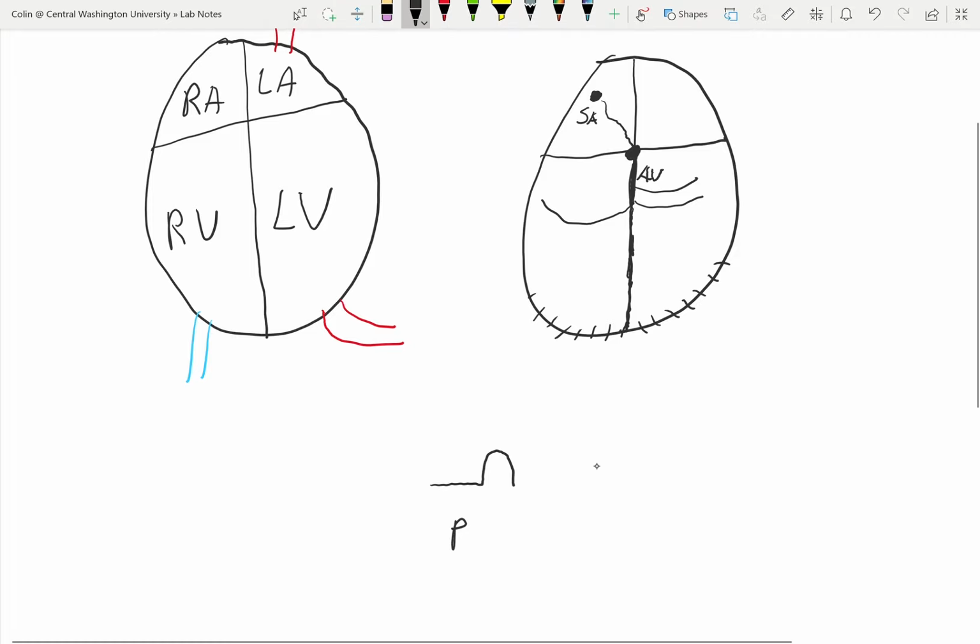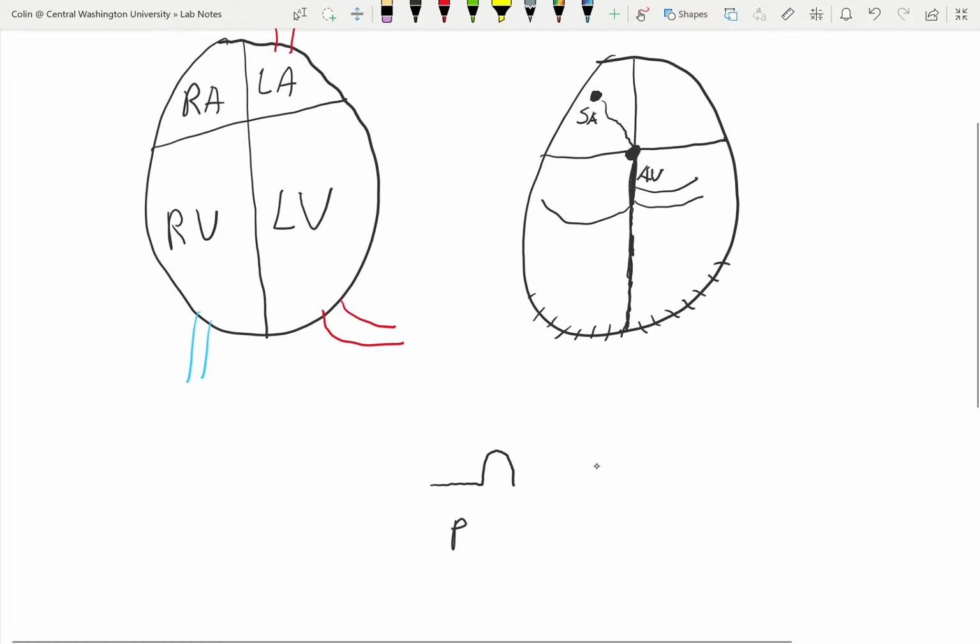And so in the P wave, the bump right here represents electrical activity. It represents the atria squeezing, right? This portion right here, where it's just flat, is because there's no electrical activity. Okay, so anytime we see bumps or triangles, that's electrical activity. Anytime there's a flat line, that's no electrical activity. Okay?